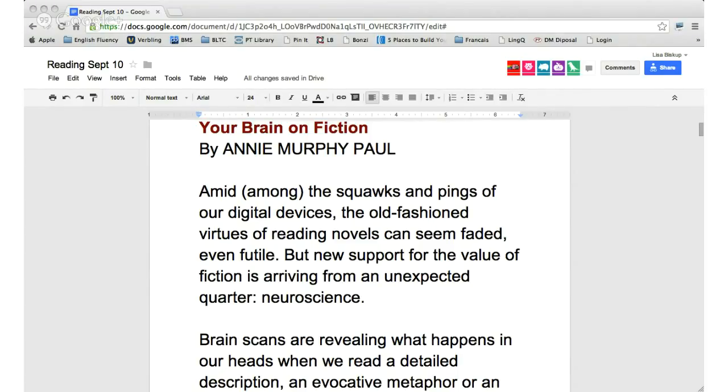And squawks. So a squawk. She's trying to describe the noises of the iPads and the computers and things that we hear nowadays that are everywhere. A squawk is usually something a duck does, like quack, quack, quack. And a ping is like when you get an email or something, it goes ding, ding.